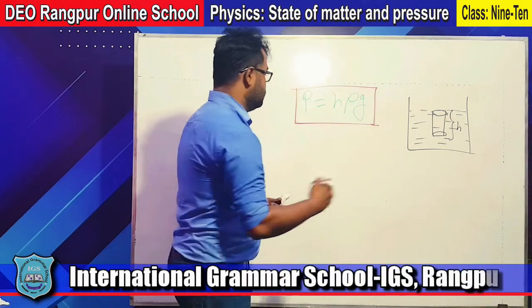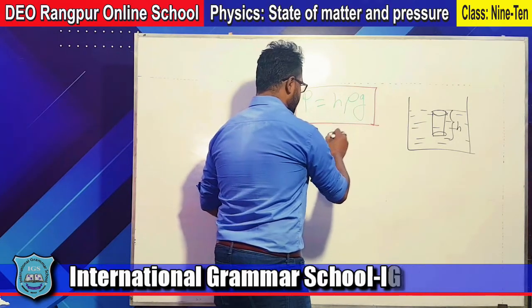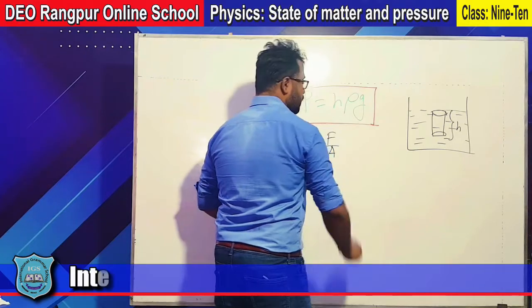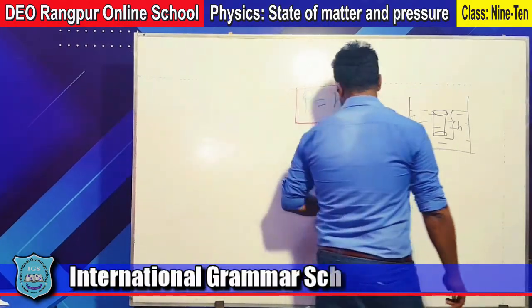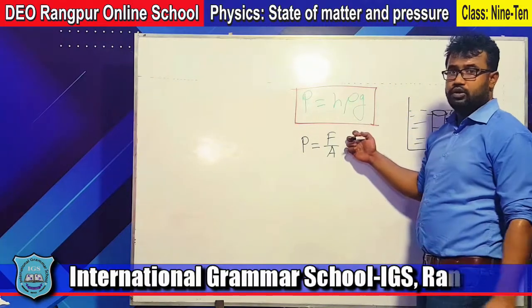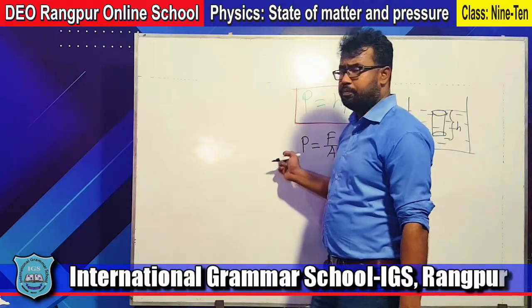Already we know the equation of pressure, P equals F by A. Here F equals force, A equals area, and P equals pressure.